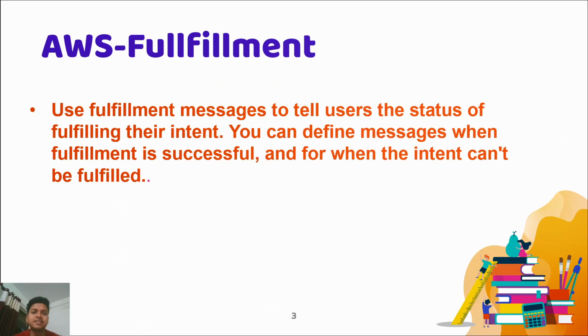This is a typical definition, I know, but in simple words, suppose you have some objective, and if your objective is completed, then the objective is like the intent and completed is like fulfillment. So you can easily understand fulfillment as being like completed.